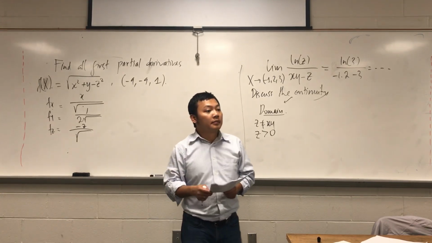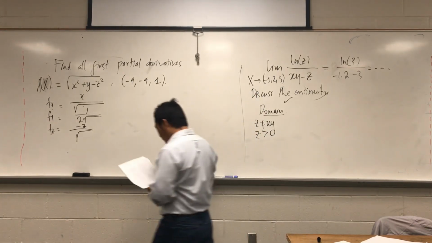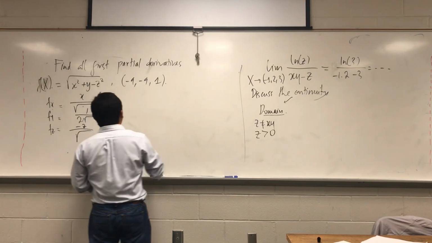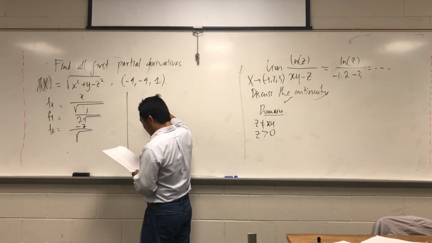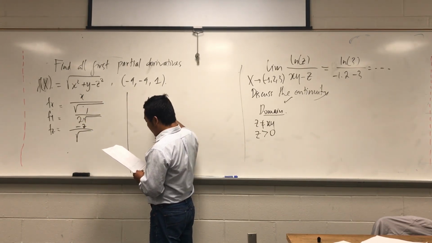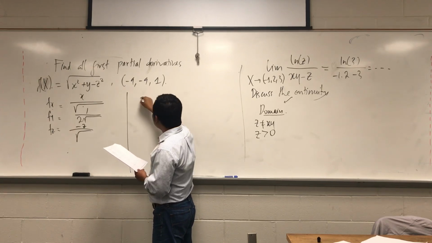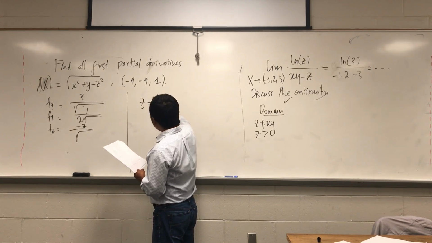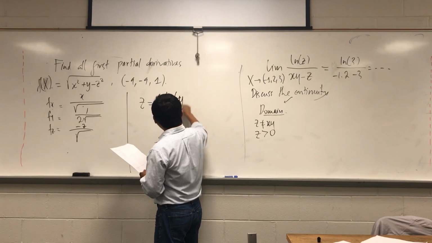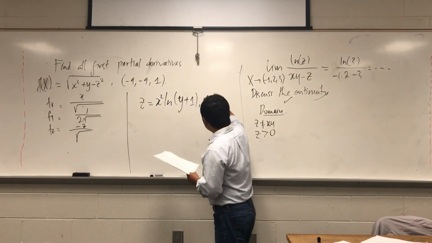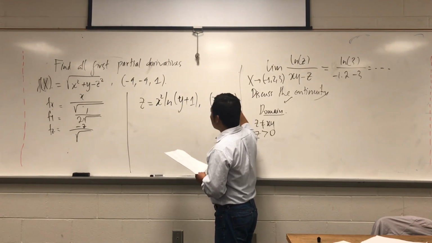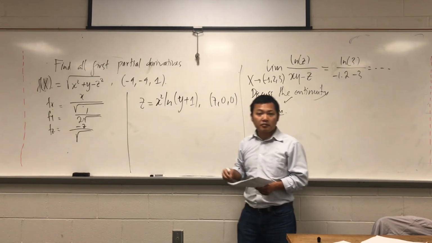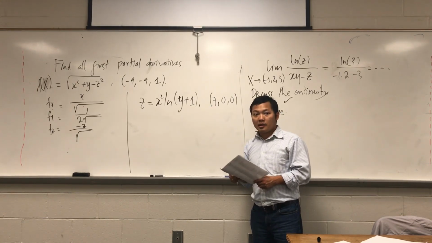Next question, find the slopes of the surface in x and y directions at some point. So you have the surface z equal to x squared ln y plus 1, and the point is (7, 0, 0). You need to find slopes in the x direction and y direction.